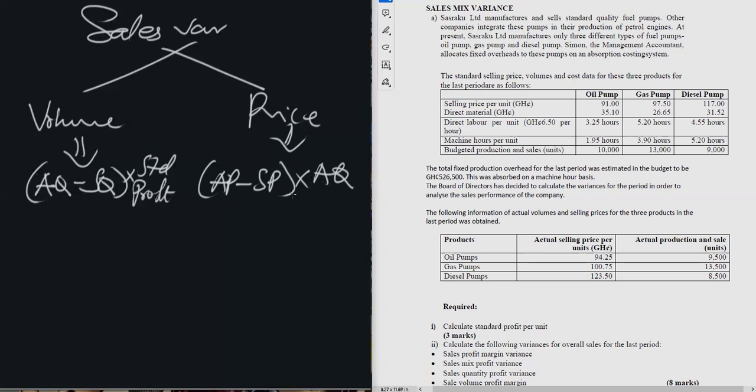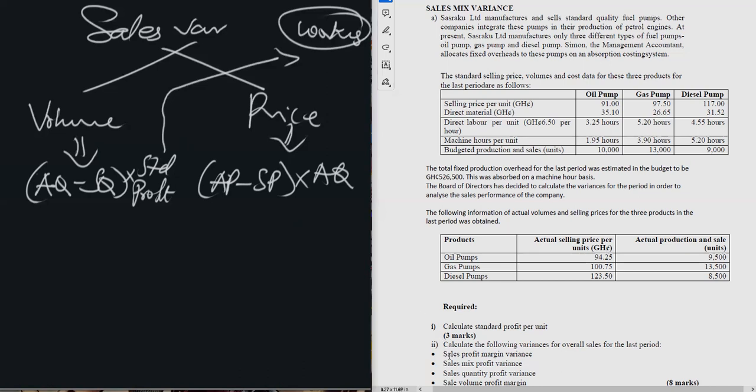This is how you deal with it if a question is given. But usually what ICAN likes to stress is this standard profit thing. The standard profit will mostly require a working, and I think this question requires us to work out the standard profit. And that's what we are going to do to get the basic sales variances.